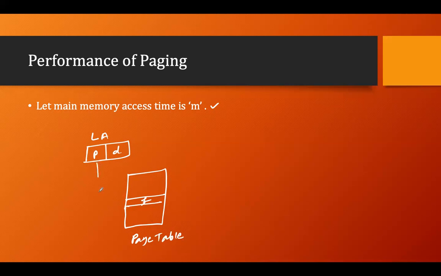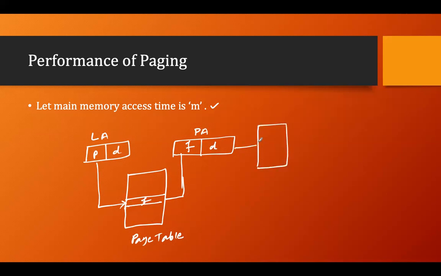So from the page, it will find out the frame, and this frame will be given to another part, that is the frame number and the frame offset, that is the physical address. We are converting it, and from the physical address we are going to the main memory and getting that particular word that we are looking for.